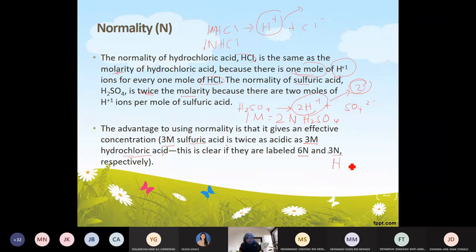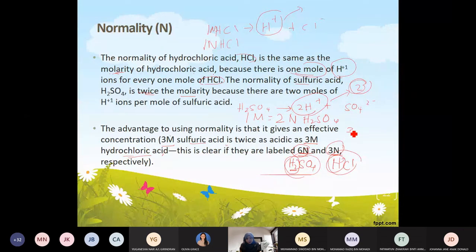Ini for HCl, ini for H2SO4 tadi. So ini 3N, ini 6N. Sebab dia ada 2 mole of proton that can be donated. Ini satu je. So if we label using normality, we can see that in terms of strength, this one is more concentrated, lebih berasid daripada hydrochloric acid.